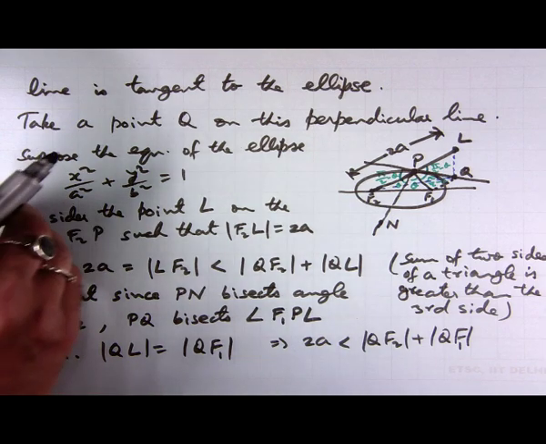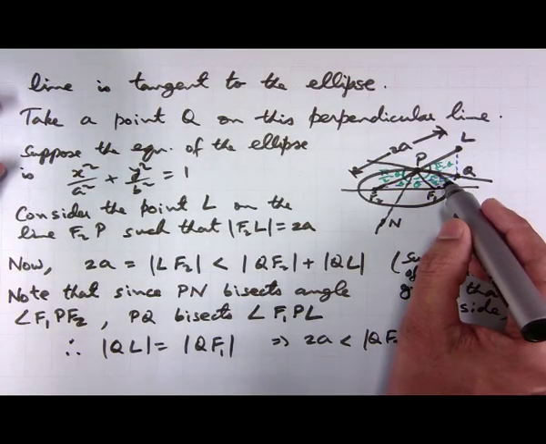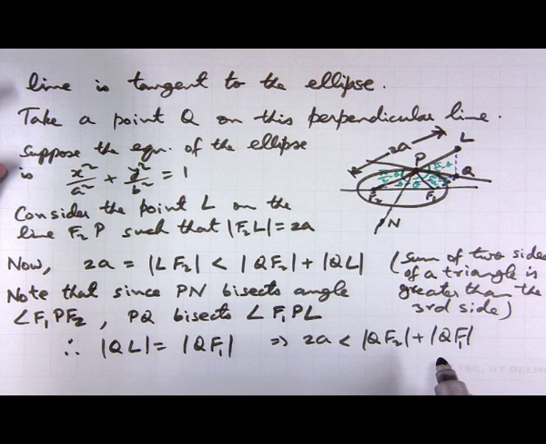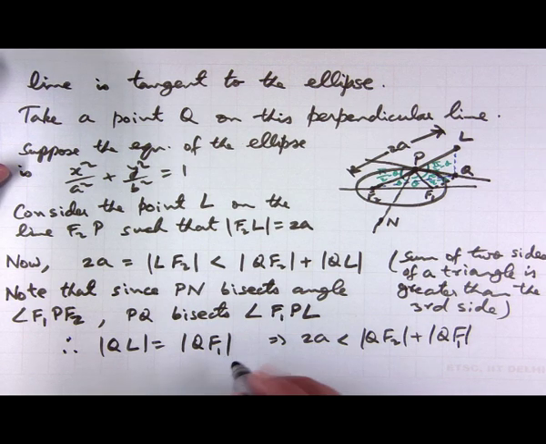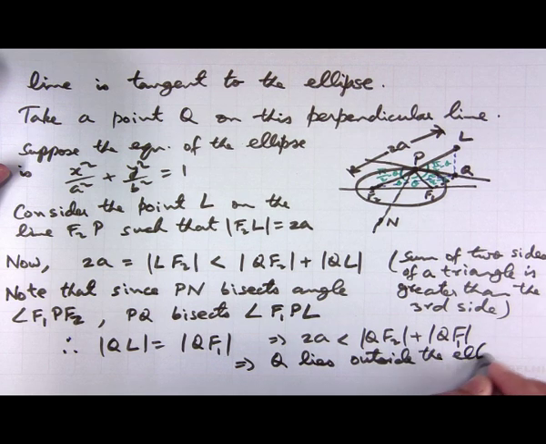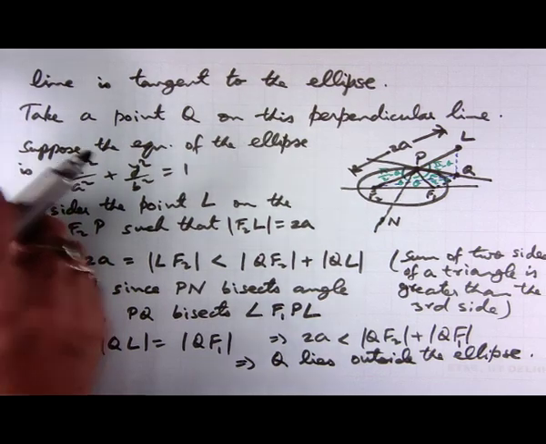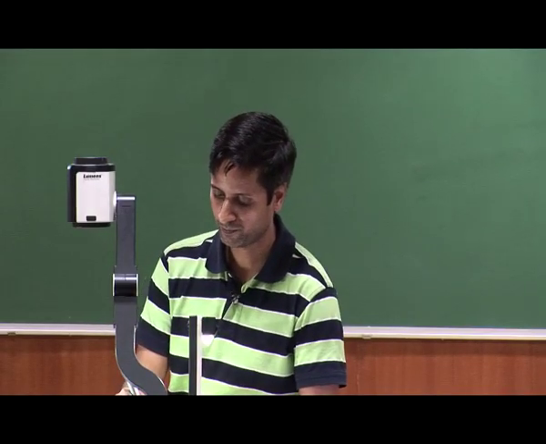Now, recall that the ellipse is such that for any point on the ellipse, the sum of the distances from the two foci is equal to 2a. Because here the sum of the distances is greater than 2a, this implies q lies outside the ellipse. And hence we have proven that this P n is normal to the ellipse. Okay. Next problem.